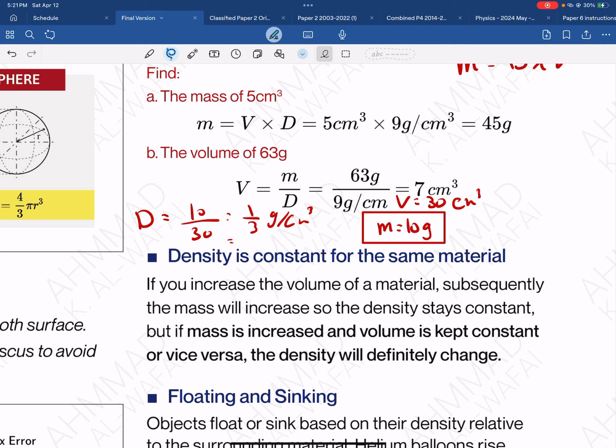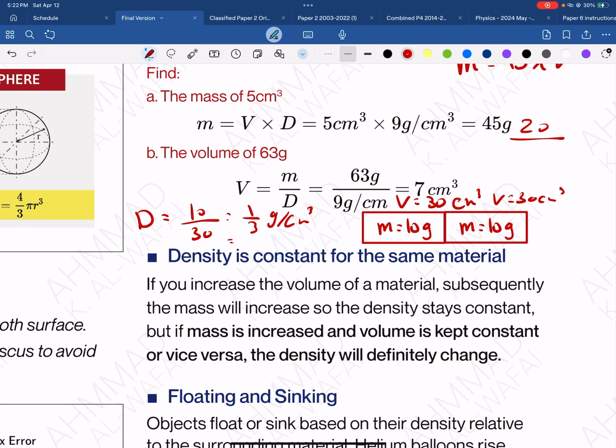So if you're going to increase this object, let's say I have the same object and you increase the material. So now it increased by 10 grams, and also the volume increased by what? By 30 centimeter cube. So now what's the total? The total is 20 divided by 60.